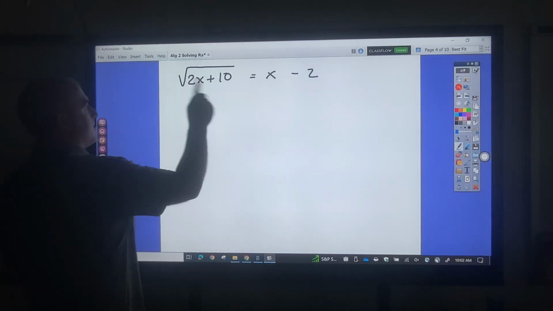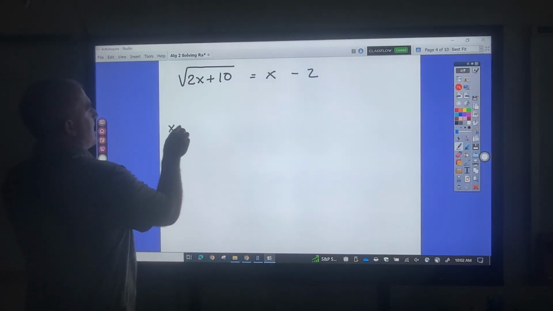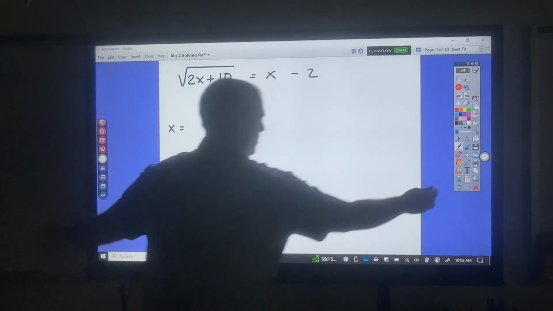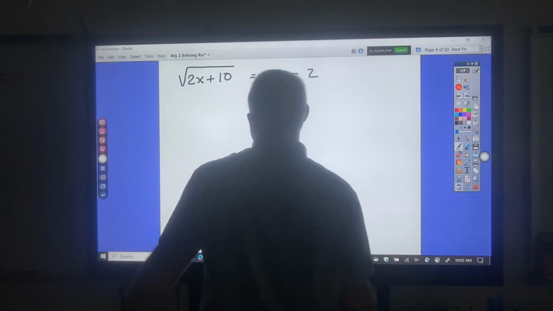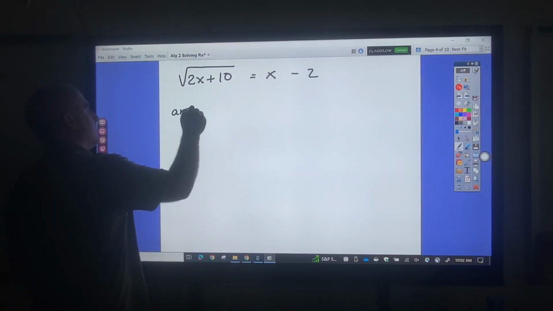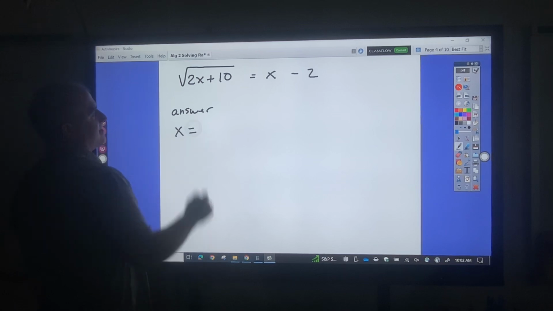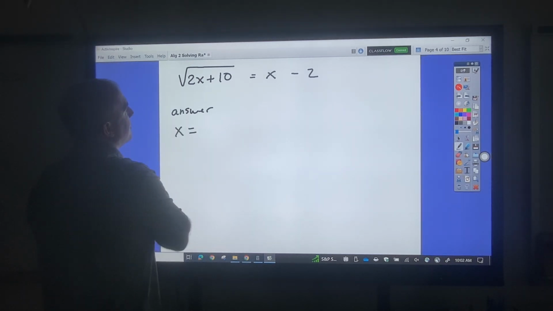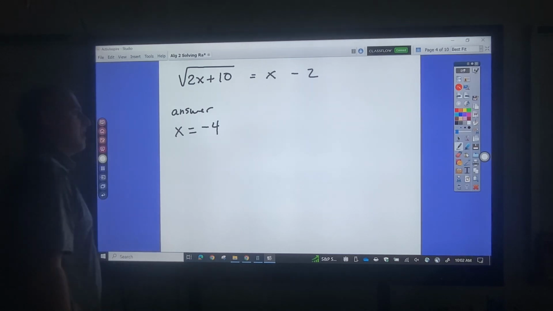So for instance, I'm going to tell you right now, let's work this problem. Let's say the answer, I'm just going to say the answer here. Let's say the answer was, I don't know, negative 4, okay?